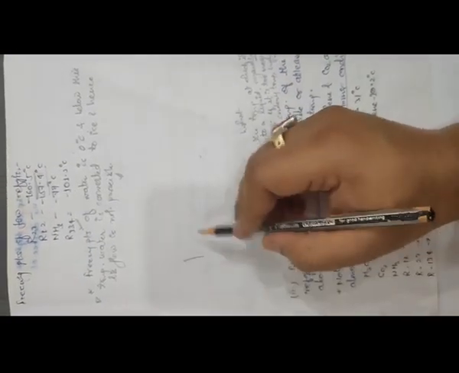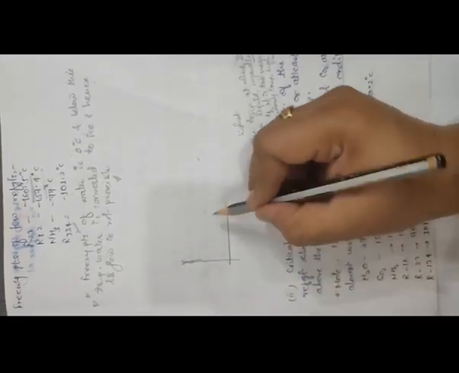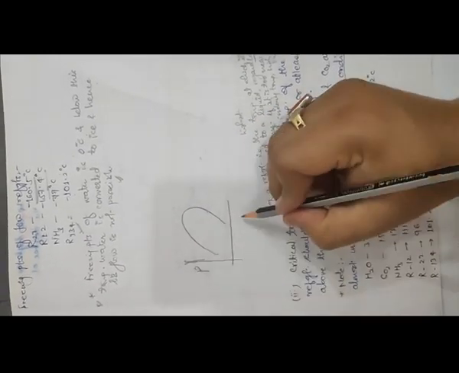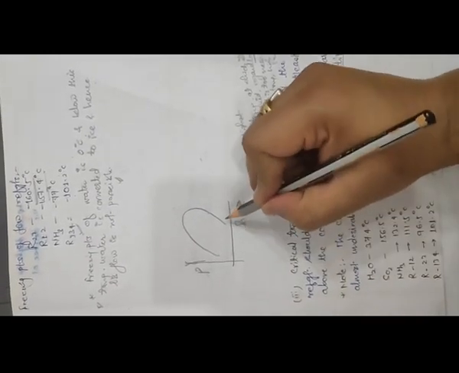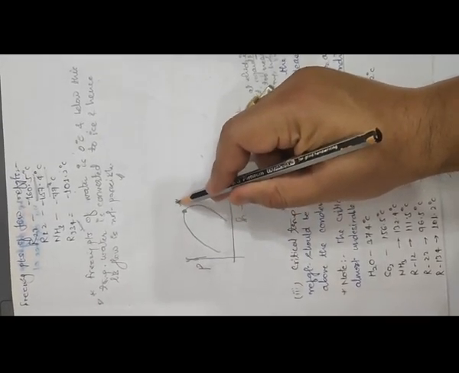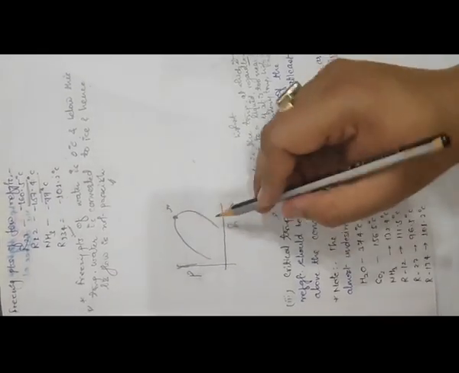We can understand this by drawing a pH curve. This is pressure, this is specific enthalpy. This is the critical point, and the critical temperature of the refrigerant should be as high as possible, or at least above the condensing temperature.